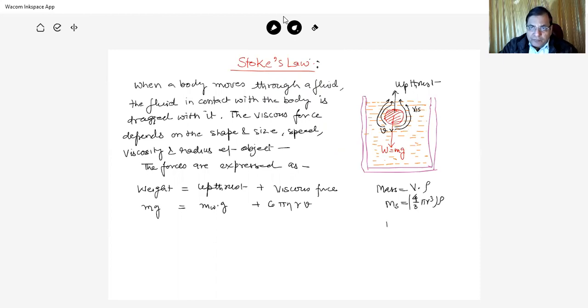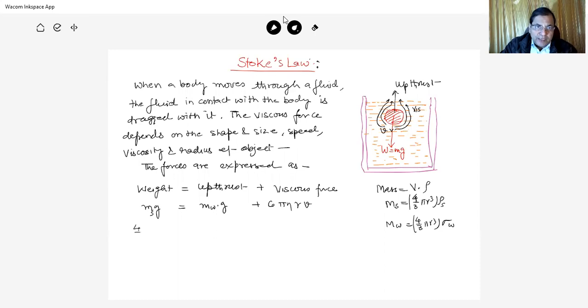And the mass of water is the same volume, 4 by 3 pi r cube, times sigma w, the density of water, that is the liquid. So we can put the values: ms and mw.